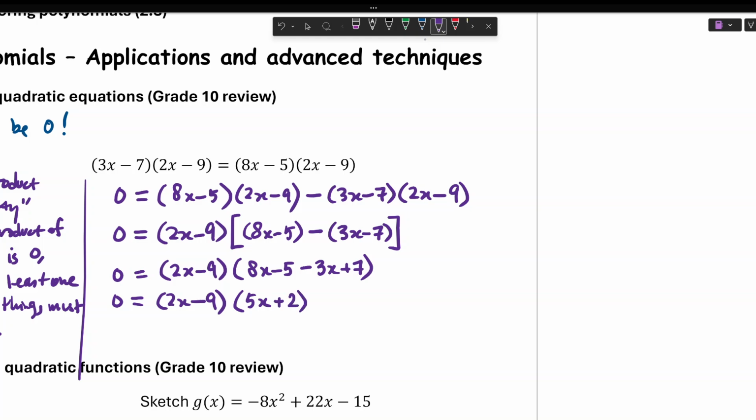You'll notice that this was the same factorization as before, except we did it in far fewer steps. So when you do have that common factor, you can take advantage of that. Lastly, same as before, we're going to say either 2x minus 9 is equal to 0, or 5x plus 2 is equal to 0. You end up with the same solutions, 9 over 2 and negative 2 over 5.